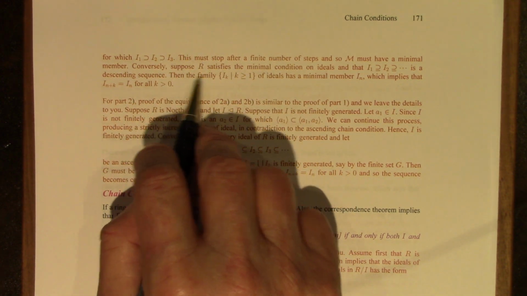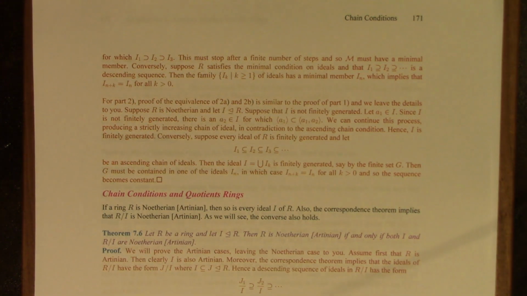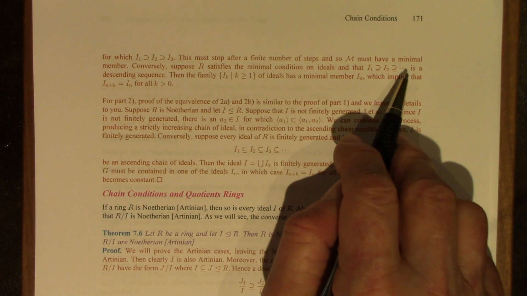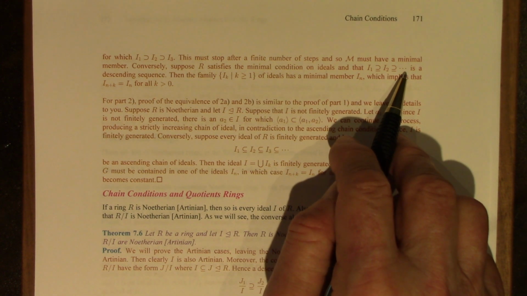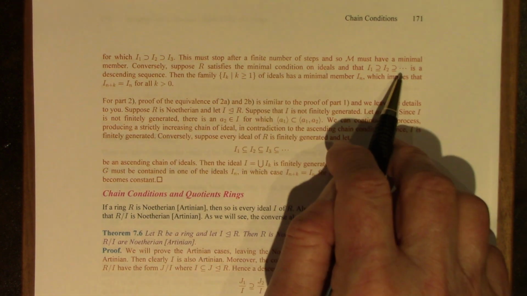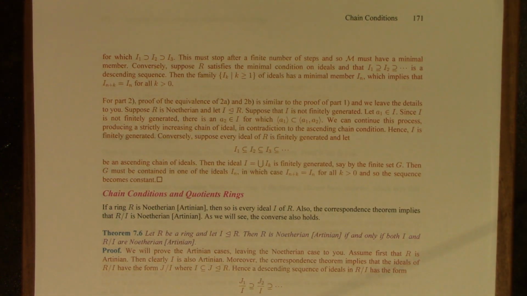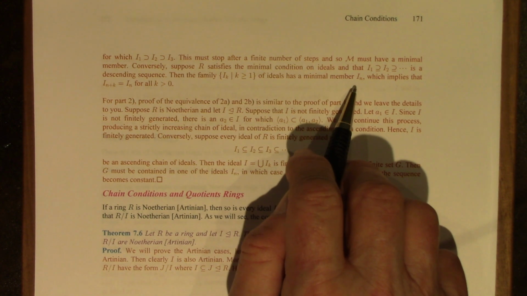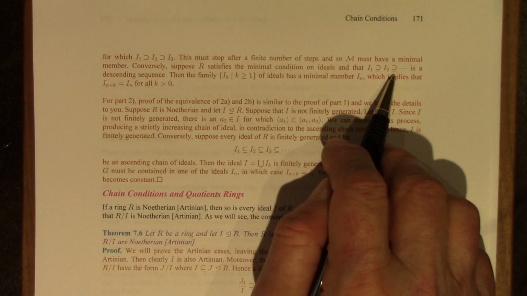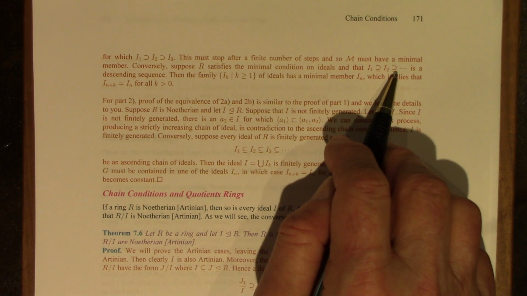For the converse, suppose R satisfies the minimal condition on ideals, and that we have a descending sequence of ideals. Then the family of ideals in this sequence has a minimal member, say I sub n, and that implies that from I sub n on, all of the ideals are the same.